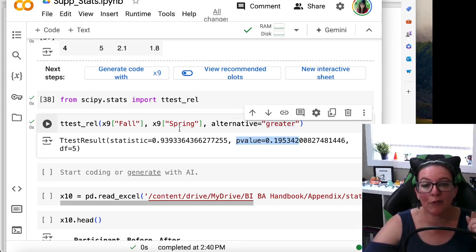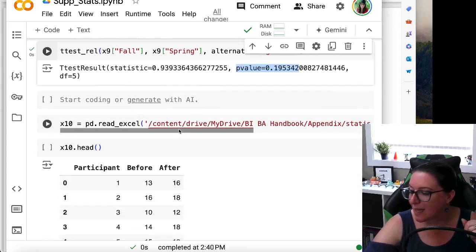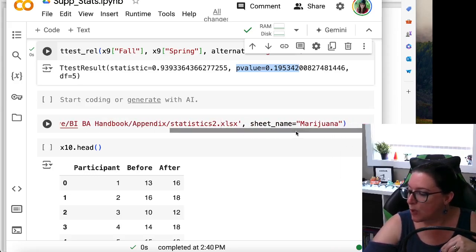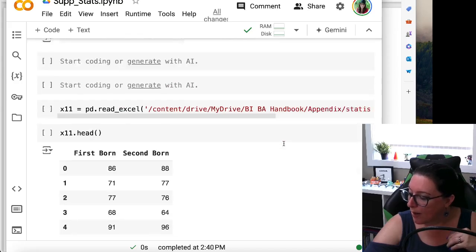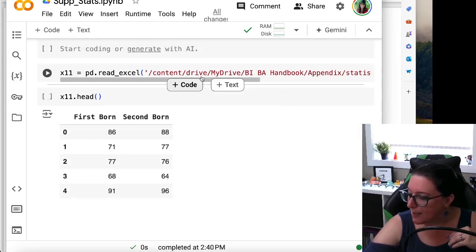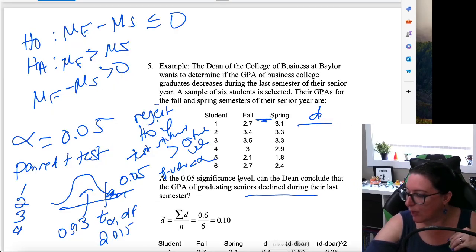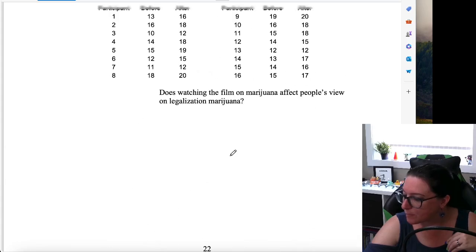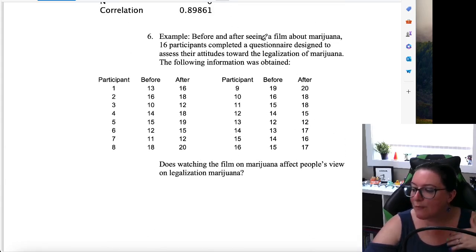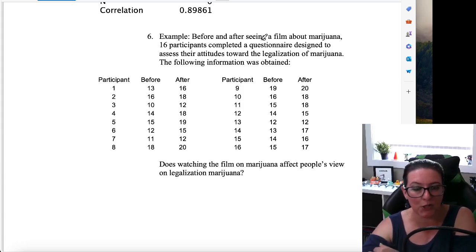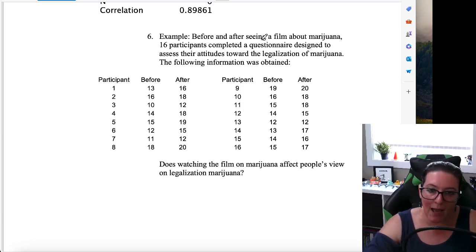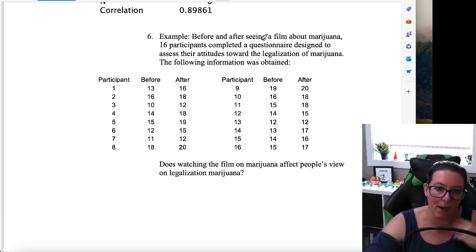All right, 2 more for you to practice. I got 2 more data sets that you can do in Excel and in Python. So one is called marijuana and one is called twins. So let's just take a look at those scenarios here. Before and after seeing a film about marijuana, 16 participants completed a questionnaire designed to assess their attitudes toward the legalization of marijuana.